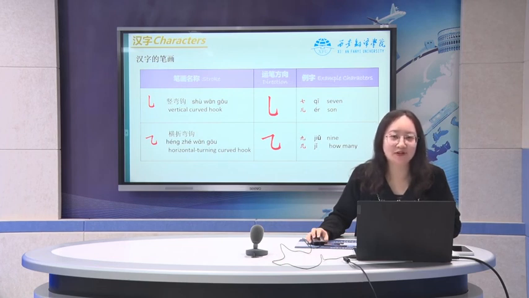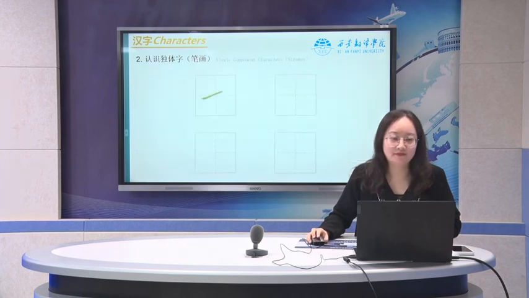Also, the second stroke is 横折弯钩. Let's write them together. 7, 儿, 几, 9. Well done.